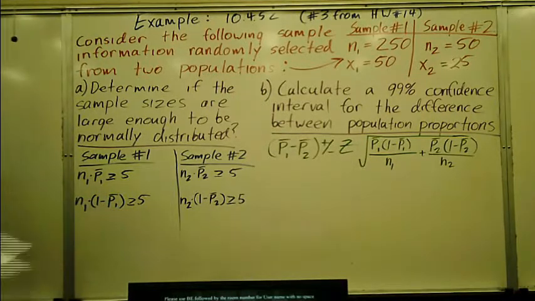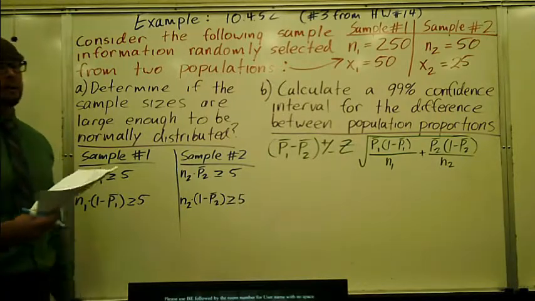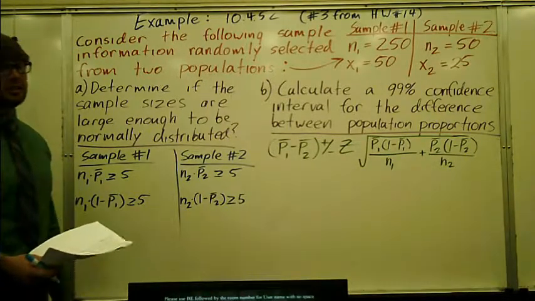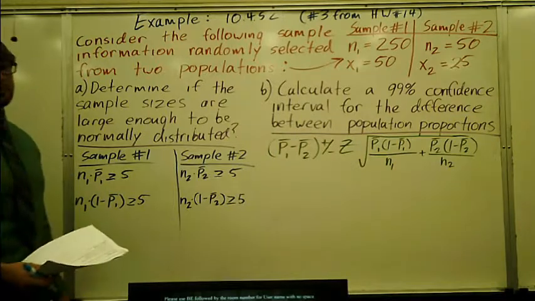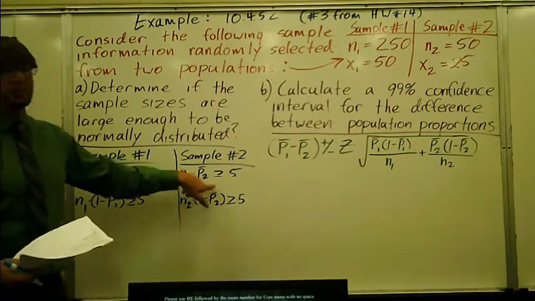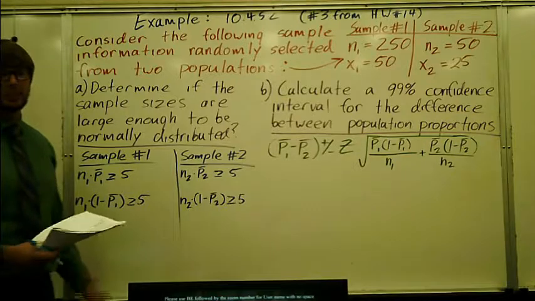Since we're talking about two different samples, we need to check that the sample sizes were big enough on both samples. So we're going to run through this twice, basically.